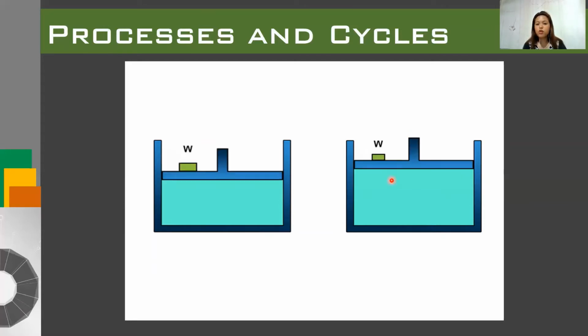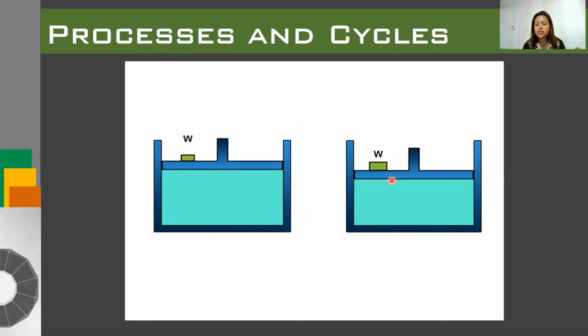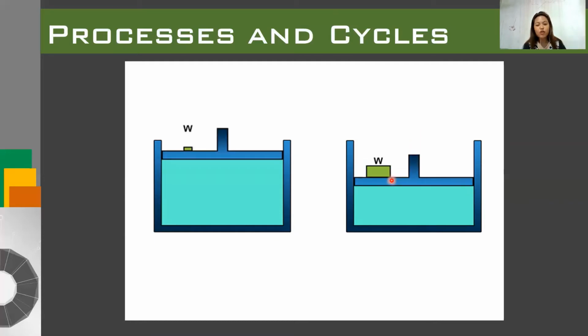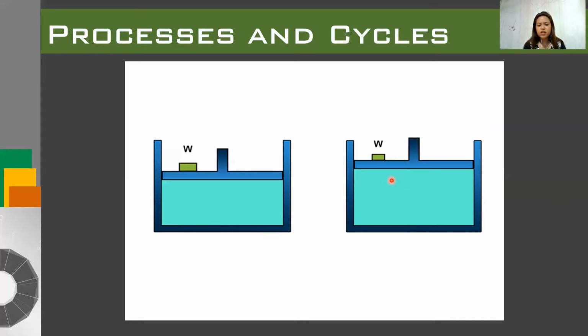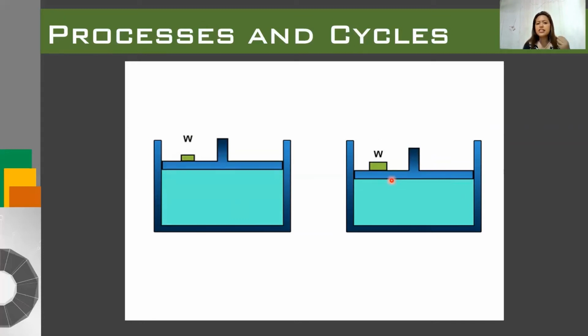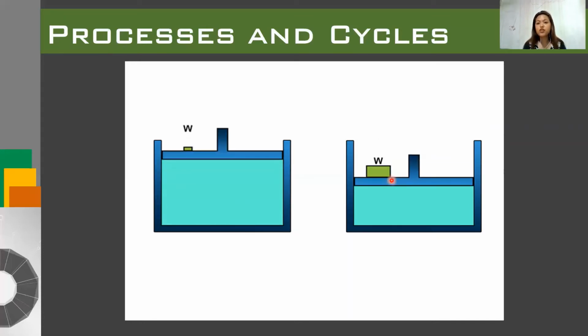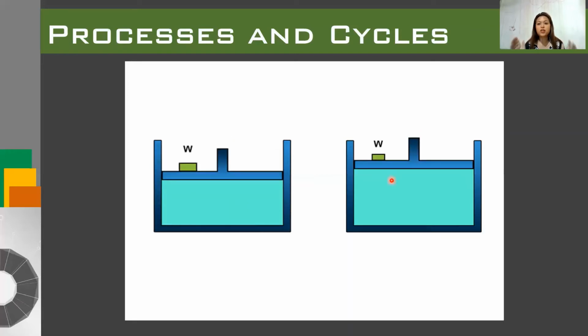The moment it stops, the piston is in mechanical equilibrium. So what can we call the entire process during which it was not yet in equilibrium?